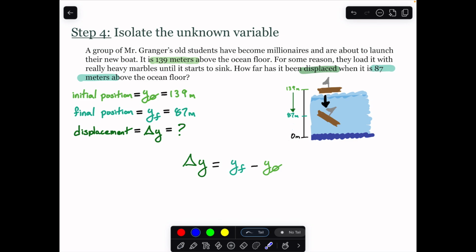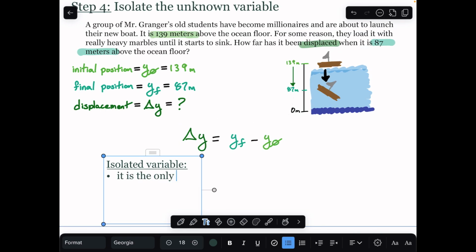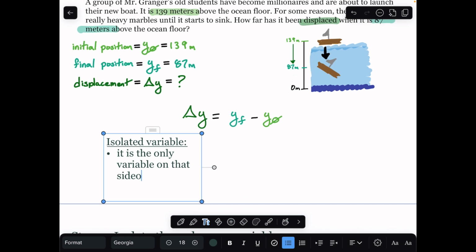What does that look like? That looks like this right here. This is the variable that we don't know. It is isolated on its own side of the equation. It is the only variable on that side of the equation.